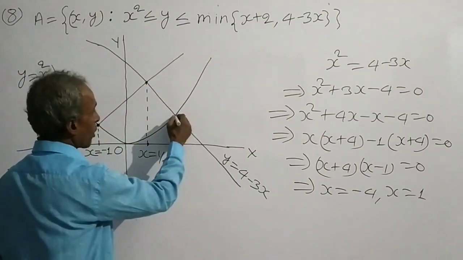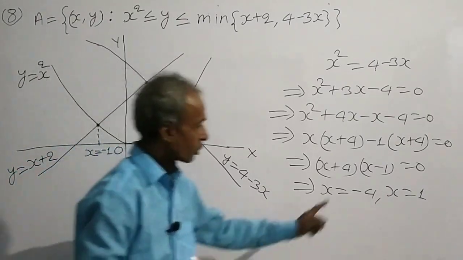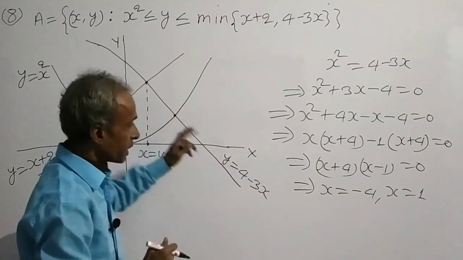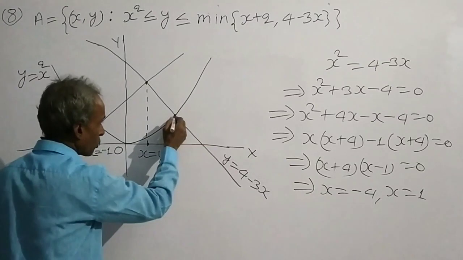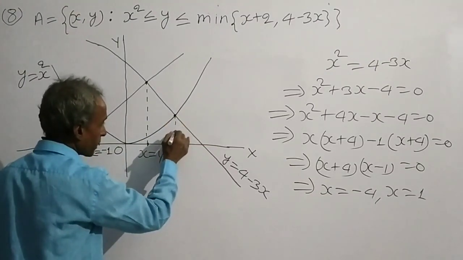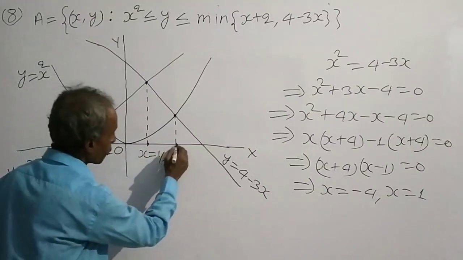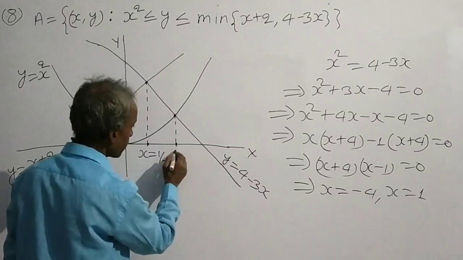The x coordinate of this point will be positive, not negative. Therefore, the x coordinate of this point will be 1. Drawing a perpendicular from this point on the x-axis, this point on the x-axis will have x coordinate 1.